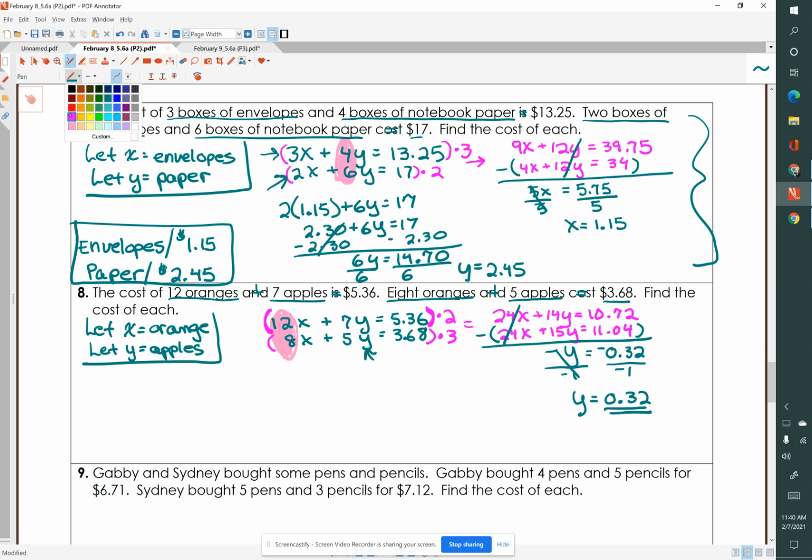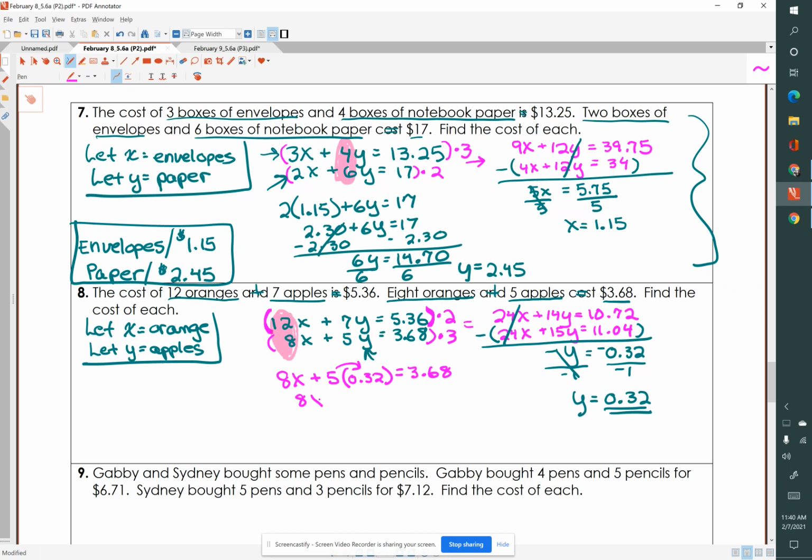Let's go there now. So we will have 8x, and we're solving for x, plus 5y, which is 0.32, equals $3.68. We go with the original equation here. So we need to distribute.